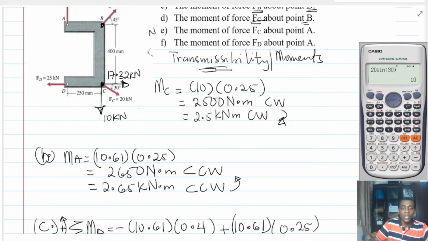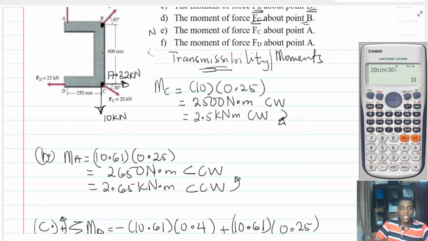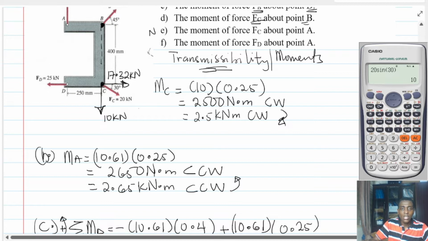Okay. Now what we will do is that we want to find the moment about point B. So we will use the principle of transmissibility again. Watch this. Please watch this. If I trace the line of action of the 10 kilonewton force, this one, it will pass through point B. Can you see that?